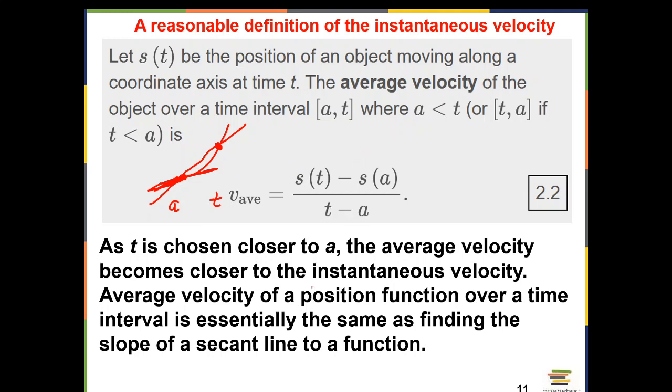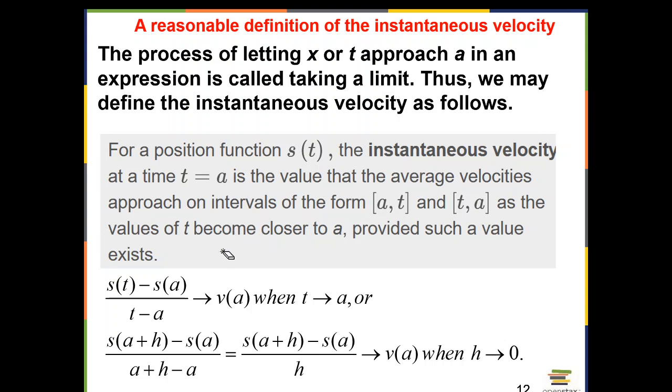Of course, instantaneous velocity doesn't make sense, it's an oxymoron. Velocity has to do with going from one point to another point, and instantaneous means at one point in time. This idea becomes clearer as we learn more in this chapter, but for now we are connecting average velocity to instantaneous velocity.